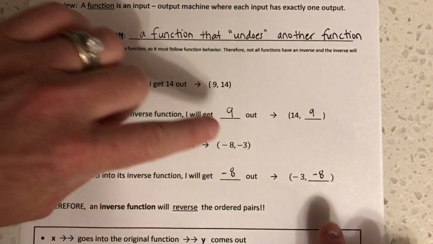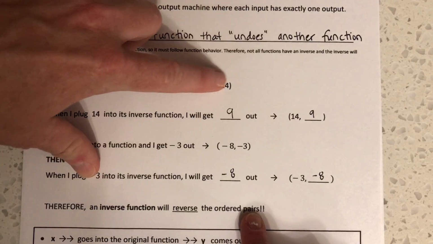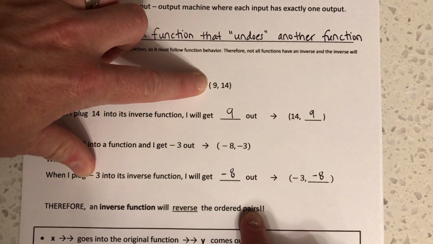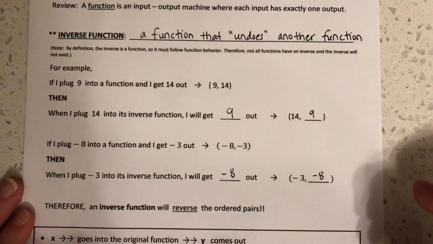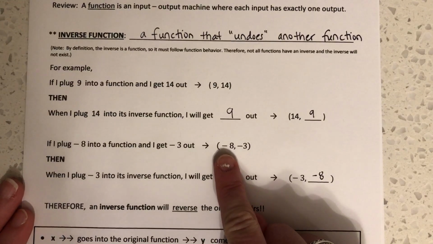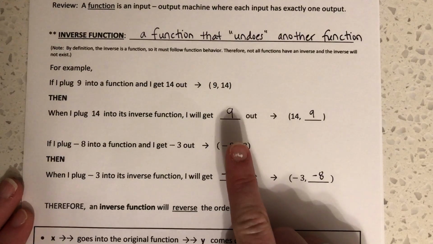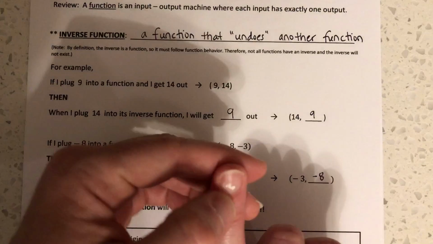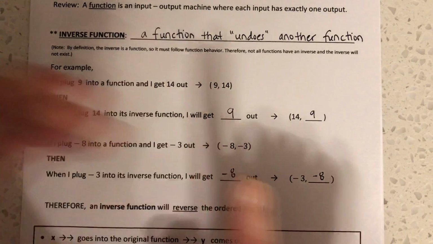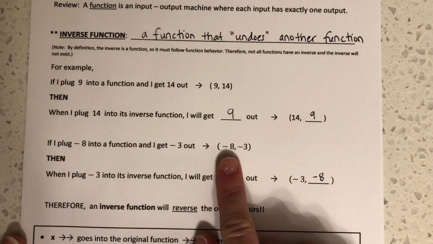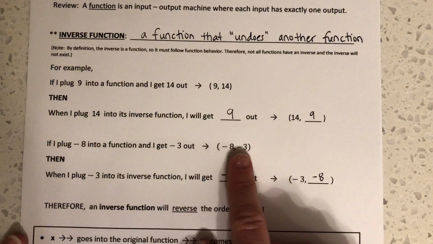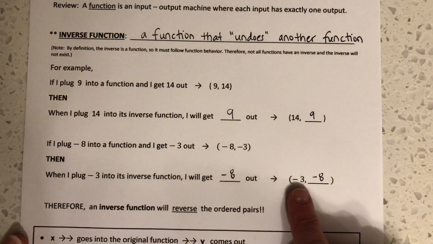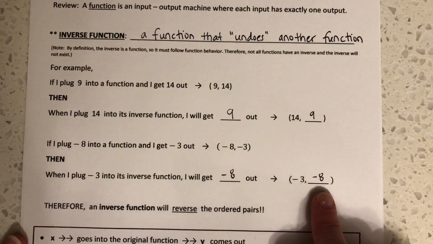All right, so look at the ordered pairs. (9, 14) was created by the original function. (14, 9) was created by the inverse function. Even here, (-8, -3) was created by the, oh, sorry, I have paint on my finger. I was painting today. -8 went into the original function, and -3 came out. So then -3 goes into the inverse, and -8 comes out.